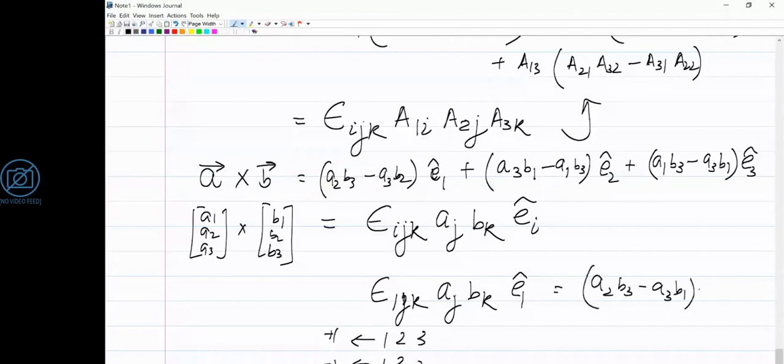So this becomes A2B3 minus A3B2 into E1. And you can see that this is indeed what it is here. So you see, this is the advantage of the permutation symbol.